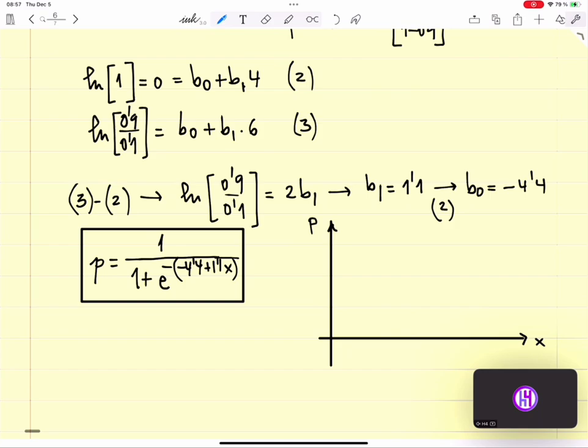I'm going to plot it with some program. This probability goes like this.